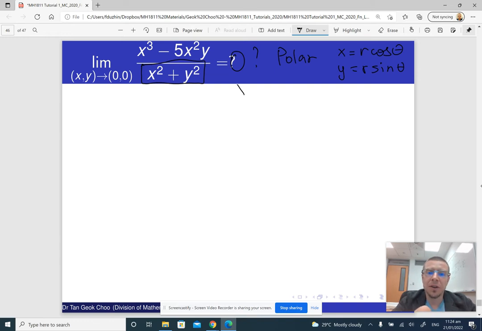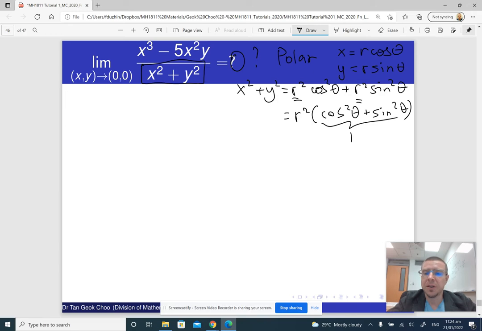So x squared plus y squared is r squared cosine squared theta plus r squared sine squared theta. Then we can factor out r squared, so it's r squared times cosine squared theta plus sine squared theta. But cosine squared plus sine squared is always 1, so it's just r squared.